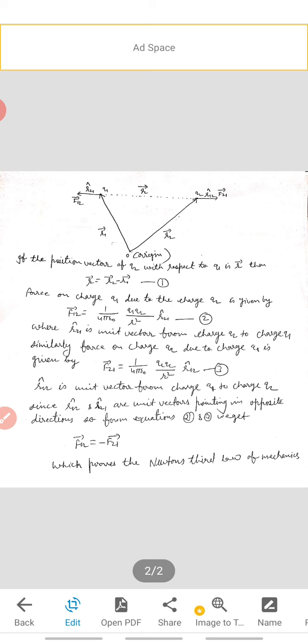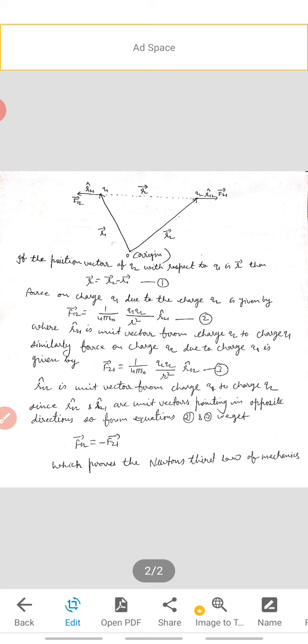Similarly, we can write the formula for the force on the charge Q2 due to charge Q1, and it is equal to F21 is equal to 1 upon 4 pi epsilon naught, Q1 Q2 divided by R square, R12 cap.